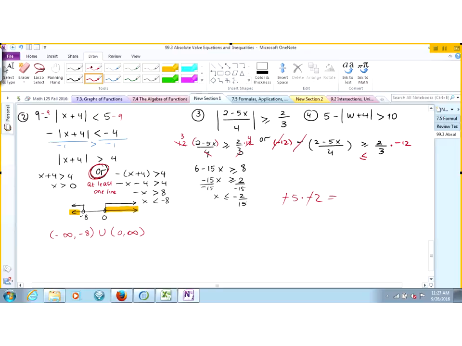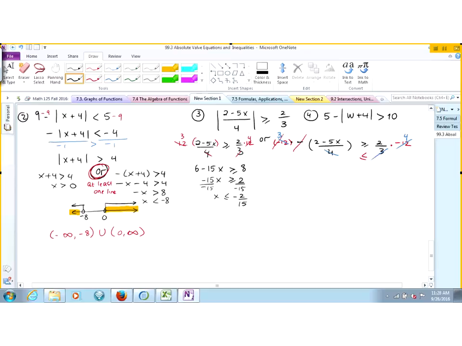So you could forget that you had a negative because you multiply by another negative number. And then 12 divided by 4 is 3, and 12 divided by 3 is 4.